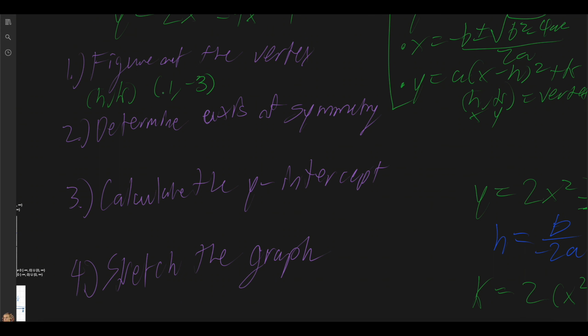The next part is to determine the axis of symmetry. The axis of symmetry is the vertical line that passes through the vertex, from what we were given in our concept example and concept overview. There's an invisible line that acts as a mirror. In order for us to determine our axis of symmetry, we can use what we already got from h.